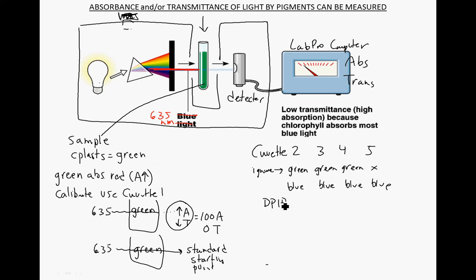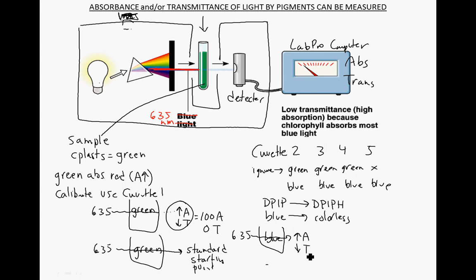Now, DPIP, when it is reduced to DPIPH, goes from a blue color to colorless. If I have a blue sample here and I fire 635 at it, blue is going to absorb this red wavelength of light, so it's going to be relatively high absorbance and relatively low transmittance.